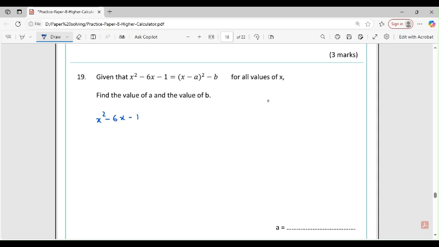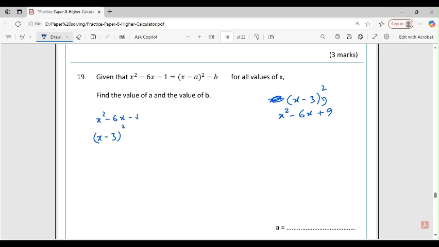For example, if it is x minus 3, you know that it's going to be x squared minus 6x plus 9. So you must always remember that this value is always double. If I'm going the opposite way, I will make it half. So I can very easily write x minus 3 whole squared.